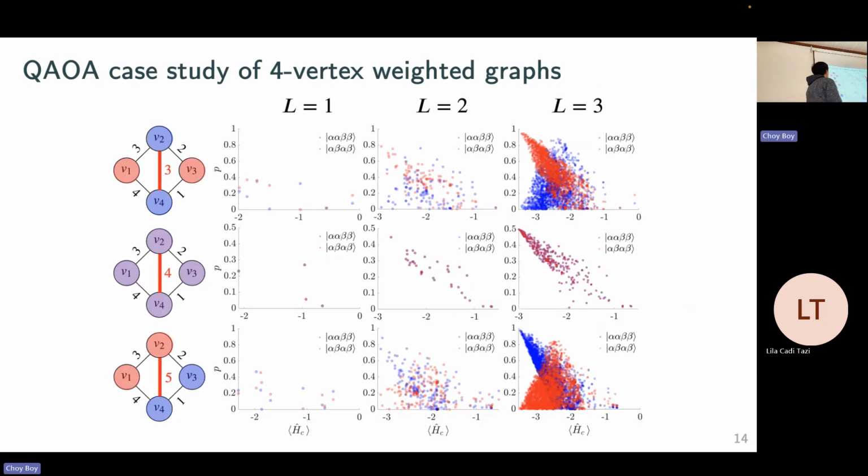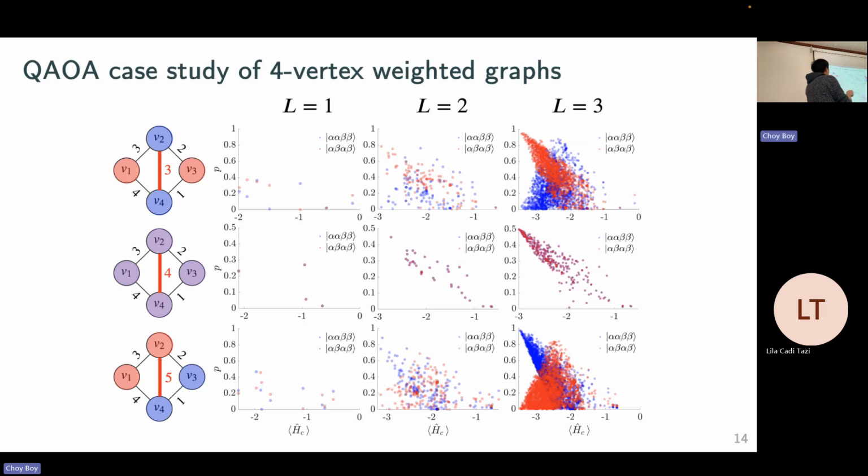Yeah, so this is the scatter plot of the 3 graphs against the circuit layer, the number of layers in your ansatz. Red is one solution and blue is the other.